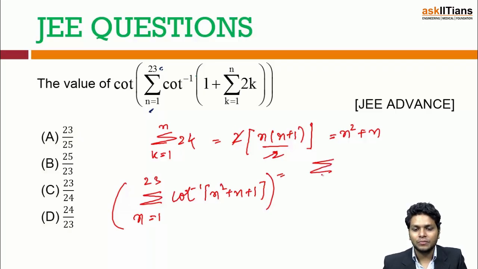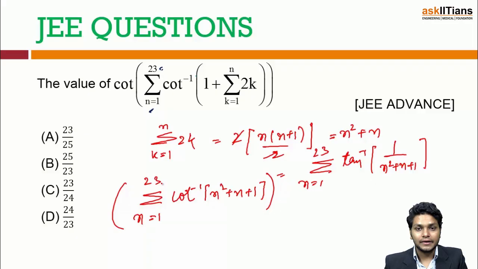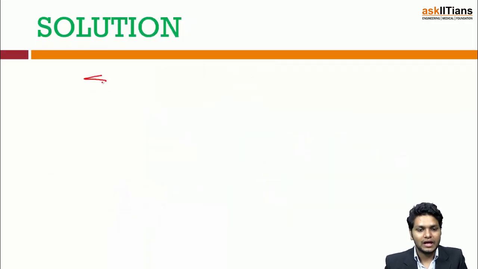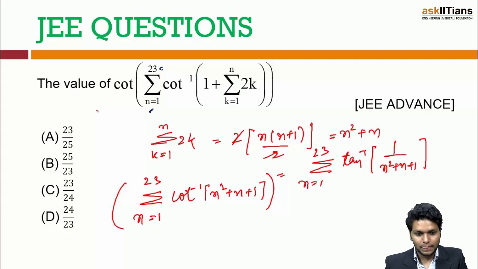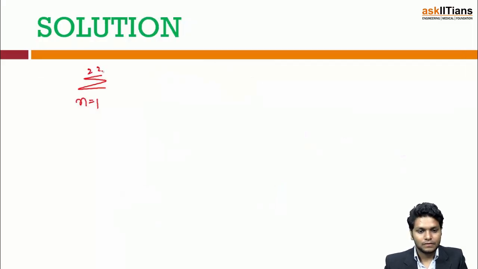It will be very easy for me if I convert it into tan, and as soon as I have tan inverse, I know that there is something going on which will help me get things done in terms of differences. So what do I have? I have n equals 1 going till 23 of tan inverse of 1 over n square plus n plus 1.